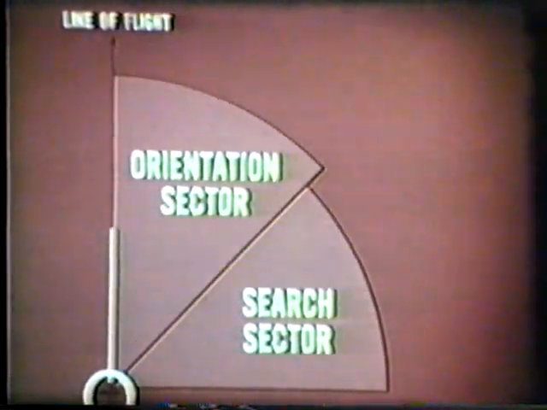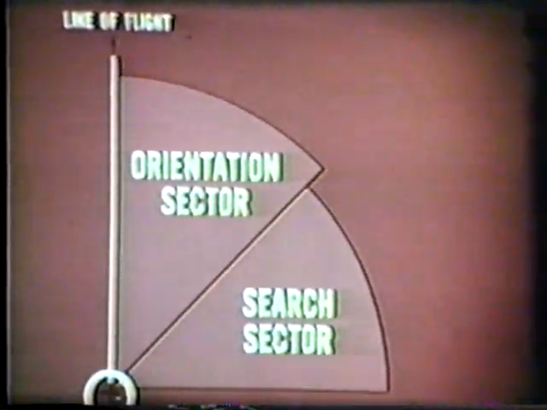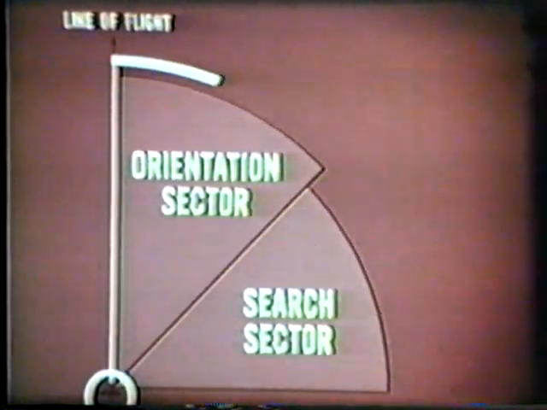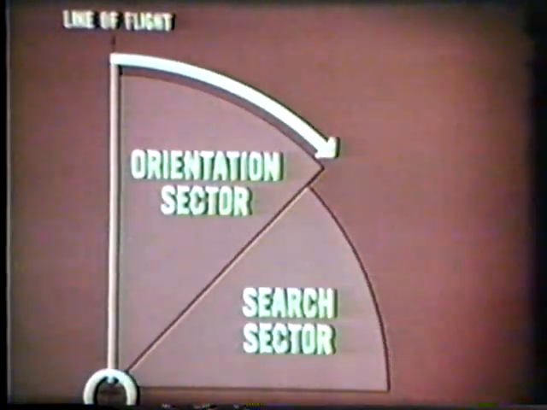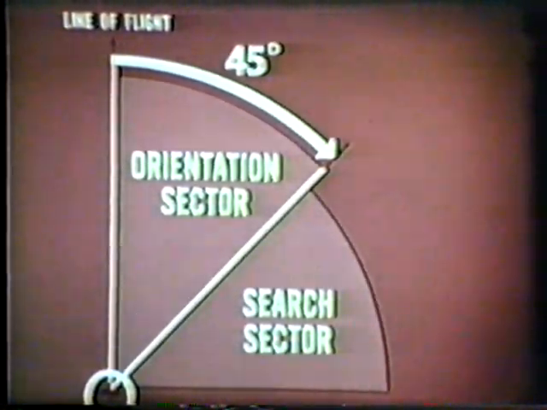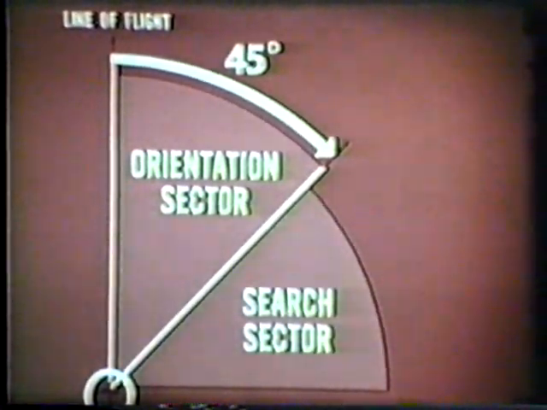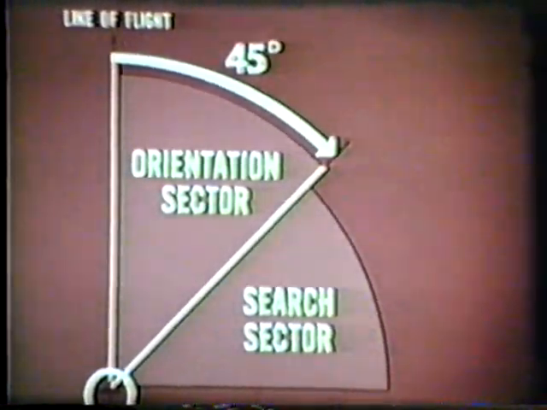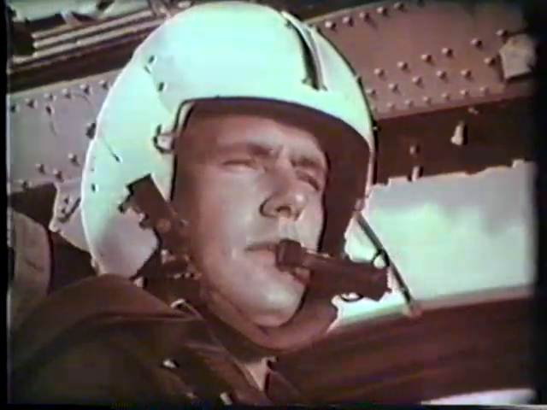In relation to line of flight, the orientation sector covers the forward vision of the observer around to 45 degrees. You use this forward sector to orient yourself geographically, to see where you are and where you are going. Actual rotation of the head and eyes through the orientation sector should be practiced during training to establish the concept firmly in mind.